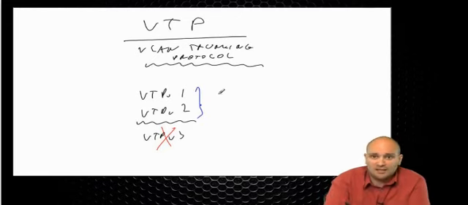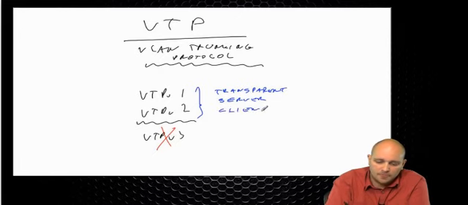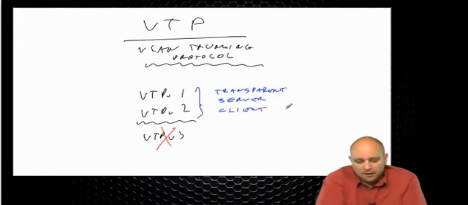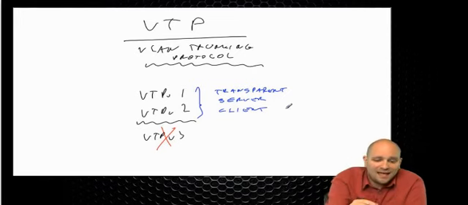And these can operate in 3 modes. They can operate in transparent mode. They can operate in server mode. And the switches can operate in client mode. Now, if you read Cisco Press books or Cisco training material and so on, you're going to encounter an unusual description of the difference between VTP version 1 and VTP version 2, especially in transparent mode.